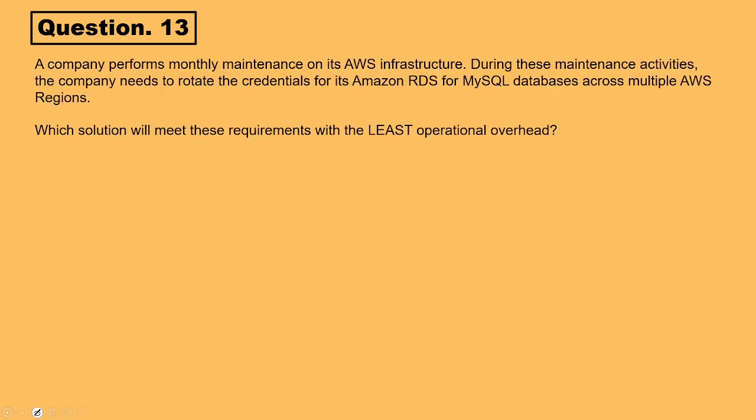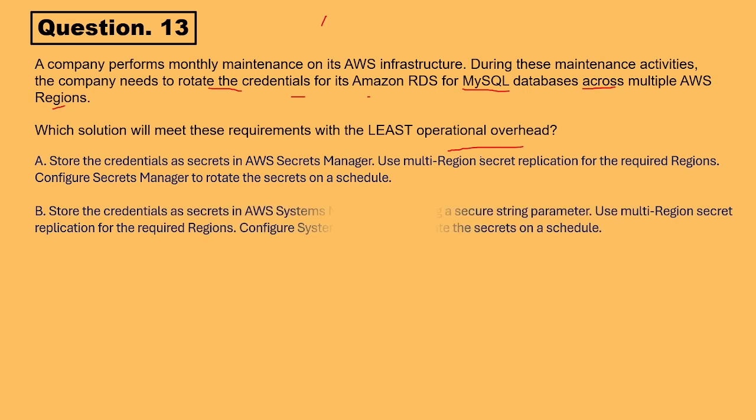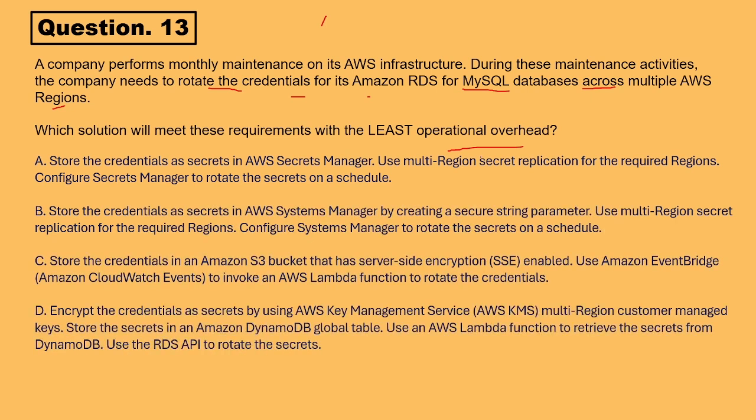Now question number 13. The company performs monthly maintenance on its AWS infrastructure. During these maintenance activities, the company needs to rotate the credentials for its Amazon RDS for MySQL databases across multiple AWS regions. Which solution meets these requirements with the least operational overhead? Here are the options. Take your time to guess the correct one.